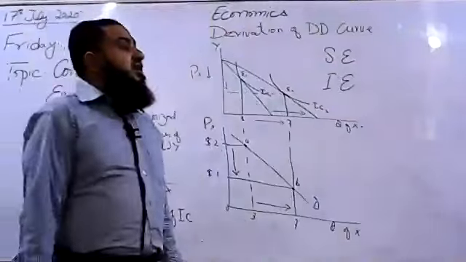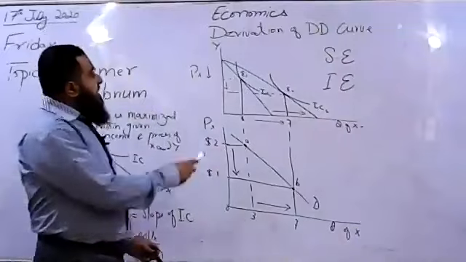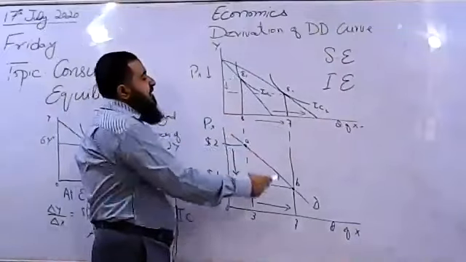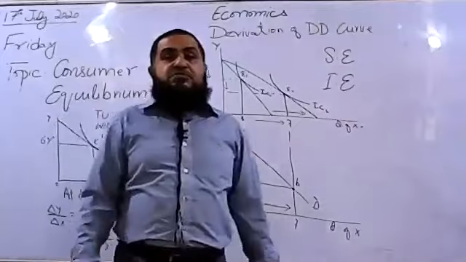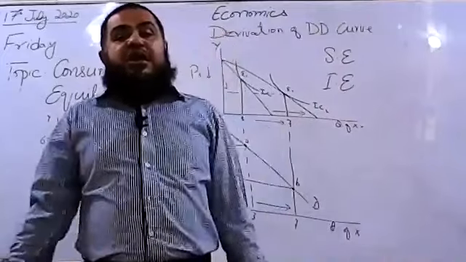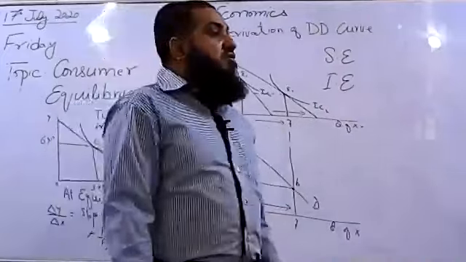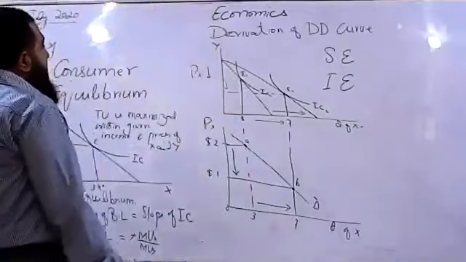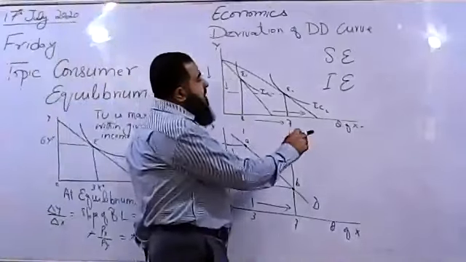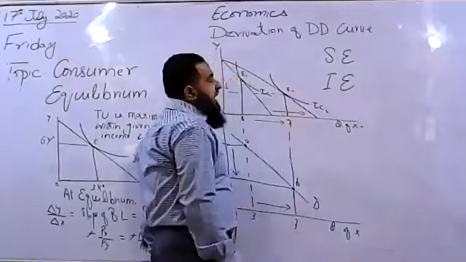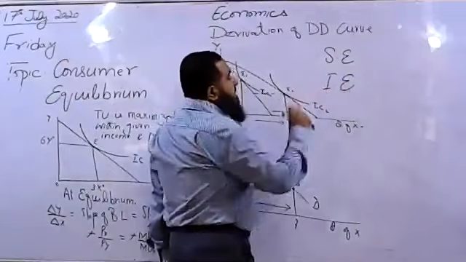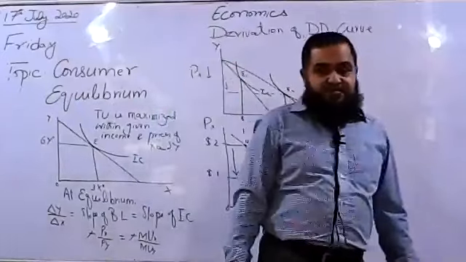The real income of the consumer will change. In this case, the price of X has gone down, therefore the real income or real affordability of the consumer has increased. So when real income has increased, he will buy more of a good due to his real income effect. That is why this is called the income effect.